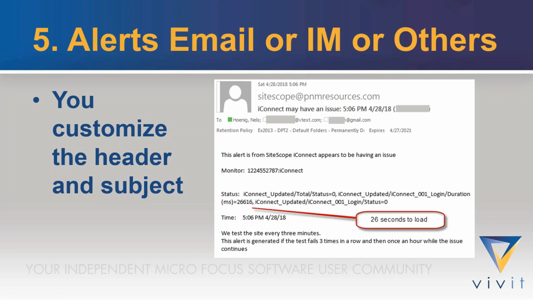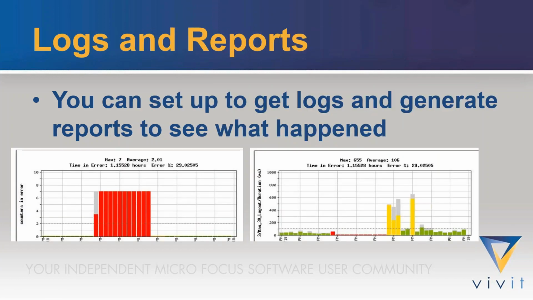The other thing, if you set up to capture your logs, you can go back in time and see what was going on. In these two screenshots, the first one in red shows how long the system was in error. It was in error for a little over an hour, 0.1 hours. This tells me the counters.